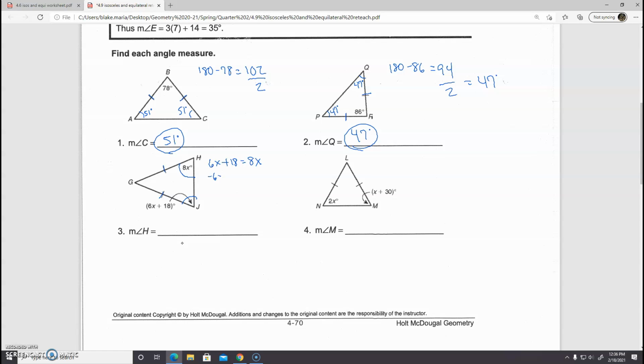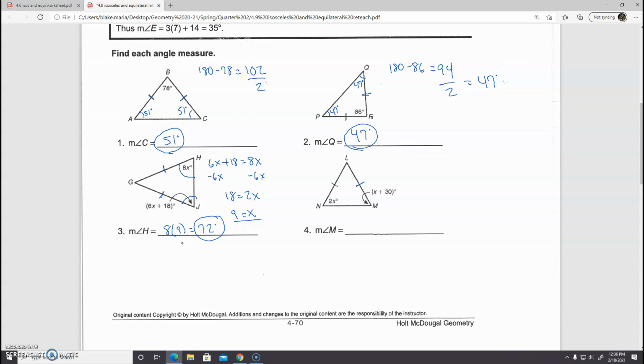I'm going to subtract 6x from both sides. We get 18 equals 2x. Divide both sides by 2, and you get x is 9. Now be careful, they don't ask for x, they ask for angle H. So we've got to plug in: 8 times 9 is 72 degrees. So be careful, make sure you answer the questions.